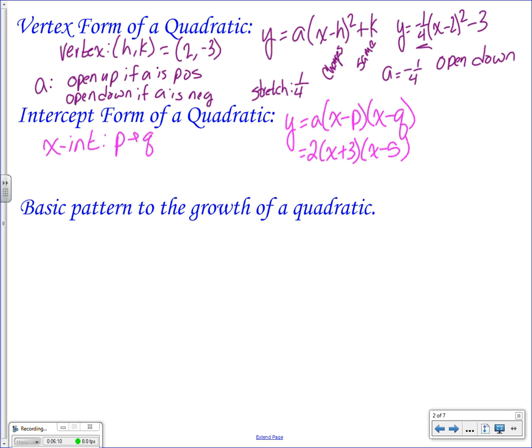I know my x-intercepts are going to be -3 and 5. We switch the signs. So if this is a +3, it becomes negative, and this is a -5, it becomes positive. When they're in the parentheses, the signs switch.